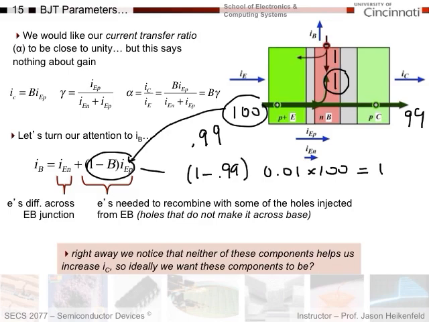And so now you can see how I can calculate my total base current from the electrons diffusing across to the other side and those recombining with holes that are trying to diffuse across the base as well. Again, right away we notice that neither of these components helps us to increase IC, so as usual, we want these components to be as small as possible. We want the amount diffusing here to be as small as possible, and we don't want much recombination of electrons and holes in the base either.